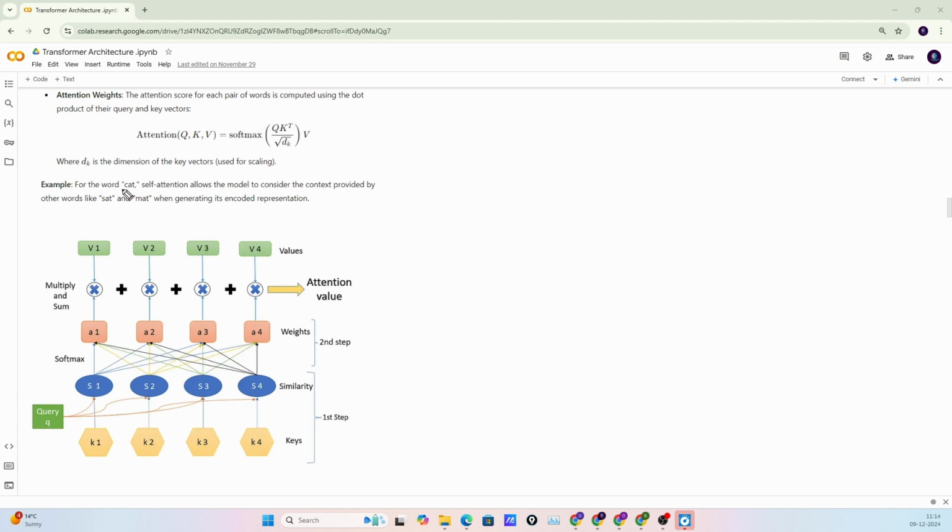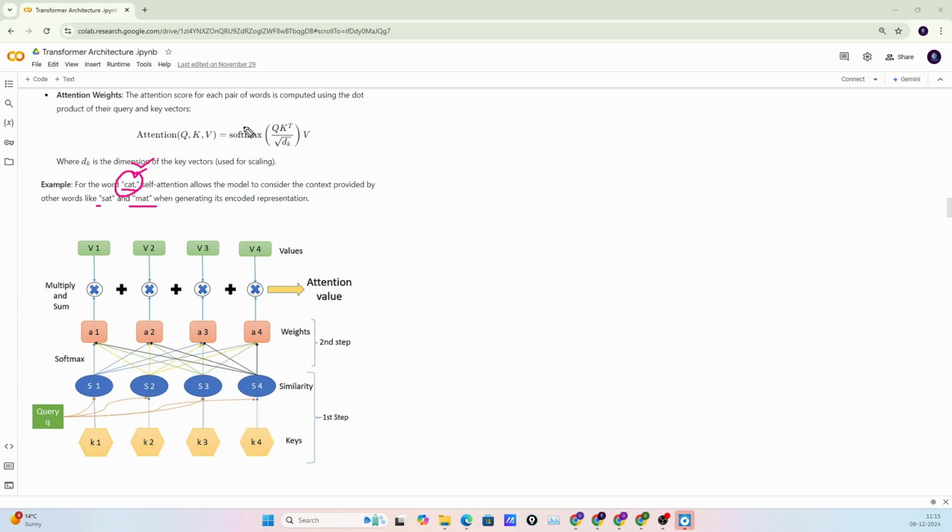Suppose we are interested in calculating the attention value for the word cat. Here is the word cat, and in the sentence suppose we have other words like sat, mat, or some other words, but we are interested in calculating the attention value for this particular word cat.